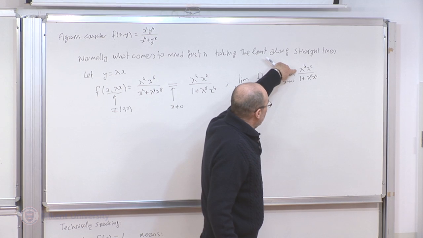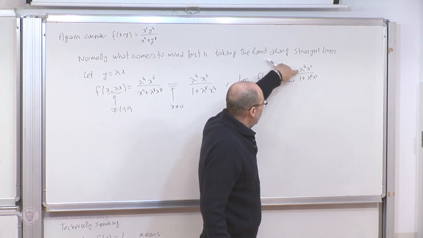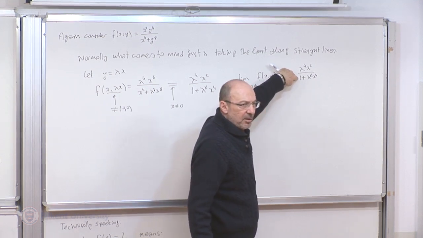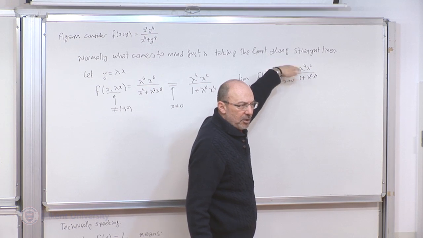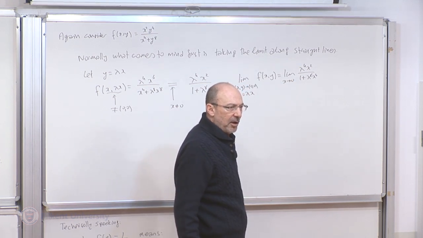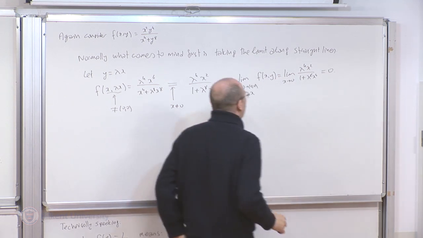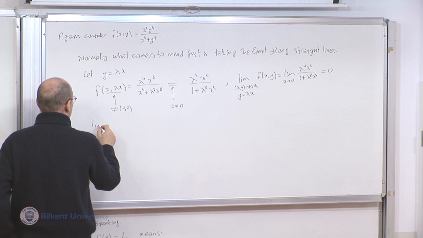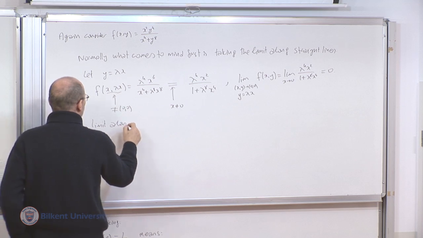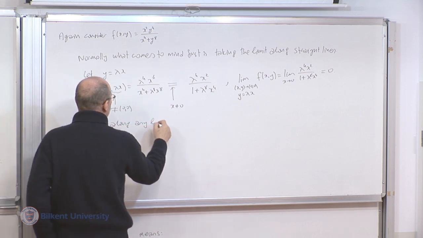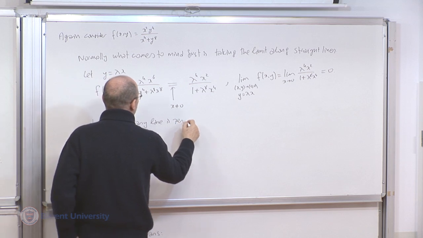Okay, so this is a polynomial in x, and the denominator doesn't vanish when x equals 0. So this is a nice continuous function. I can plug in x equals 0, and I get 0. Okay, so the limit along any line is 0.